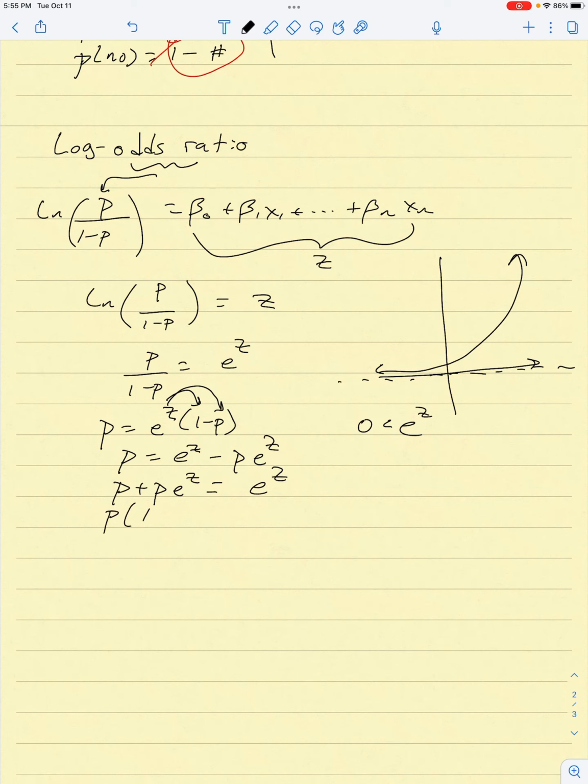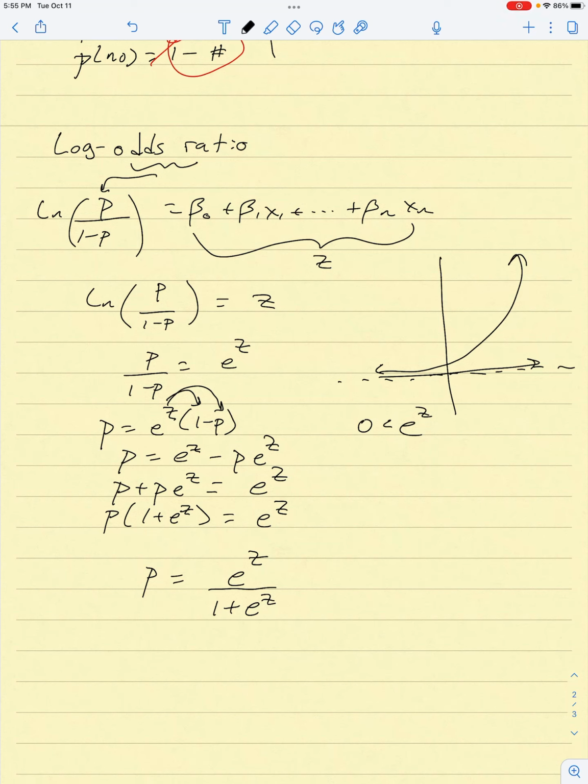I'll factor out a p. To solve for p, I have to divide by this piece. So at the end of all that, I get p equals e to the z over 1 plus e to the z. So let's think about this again.